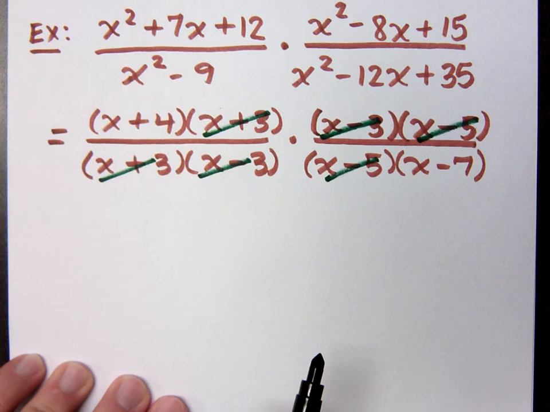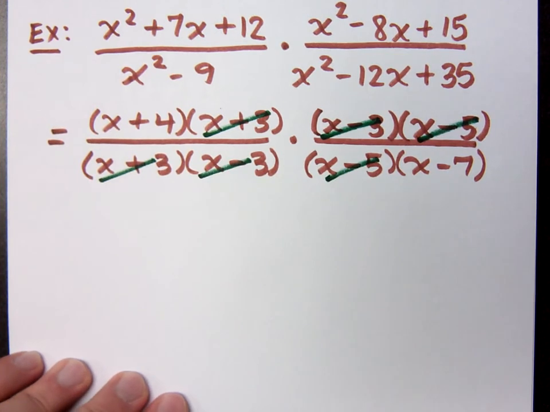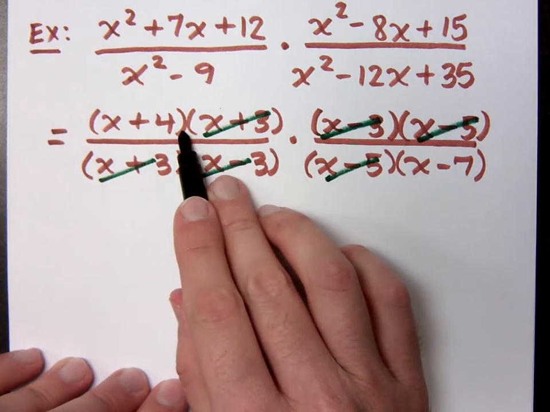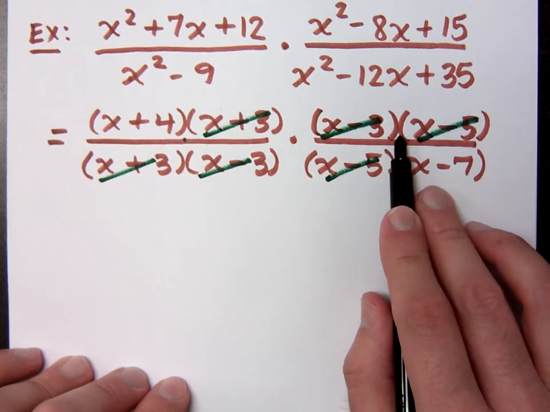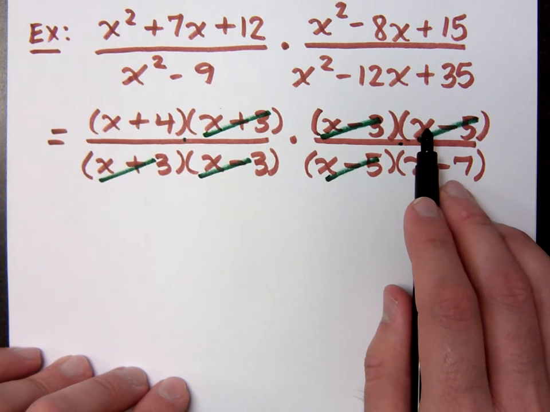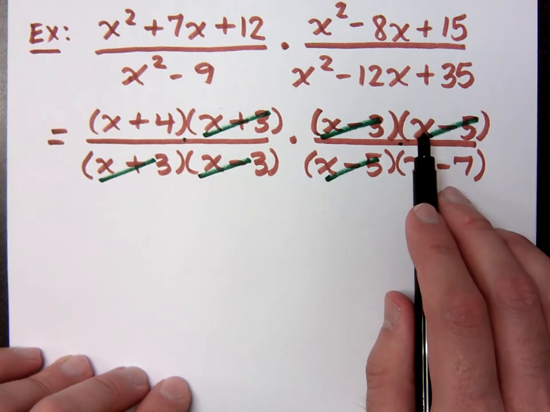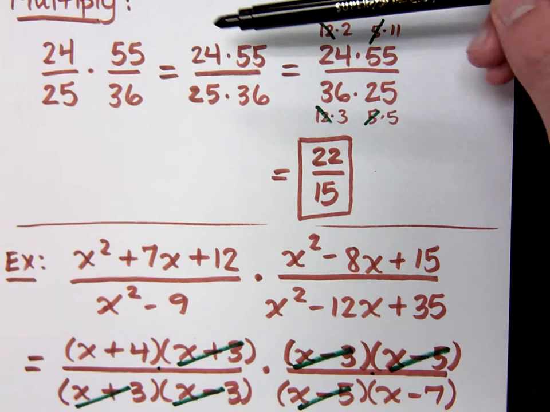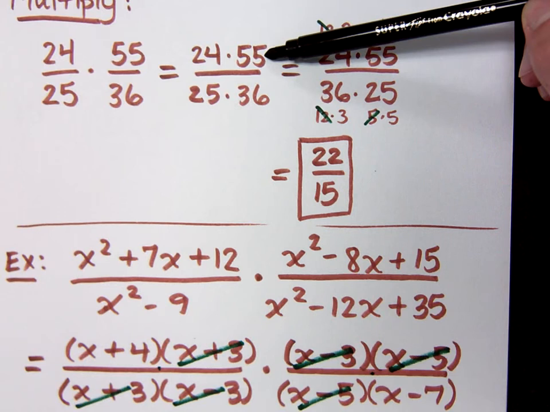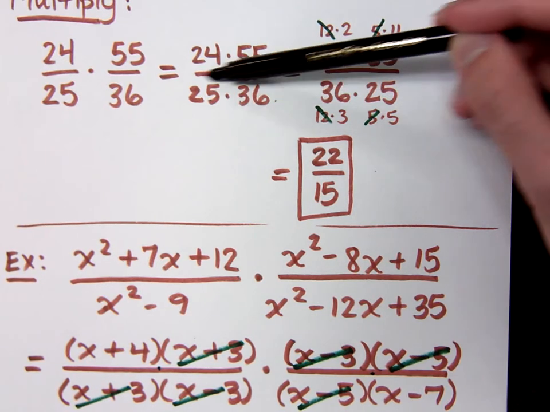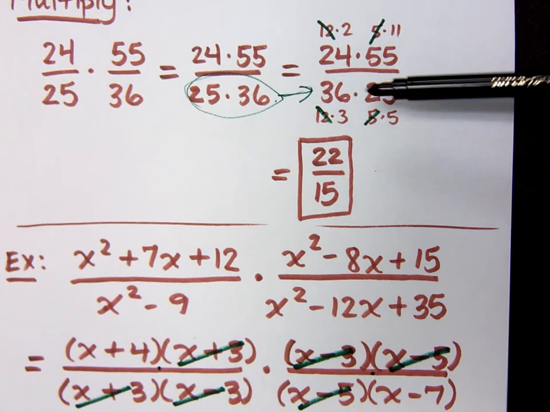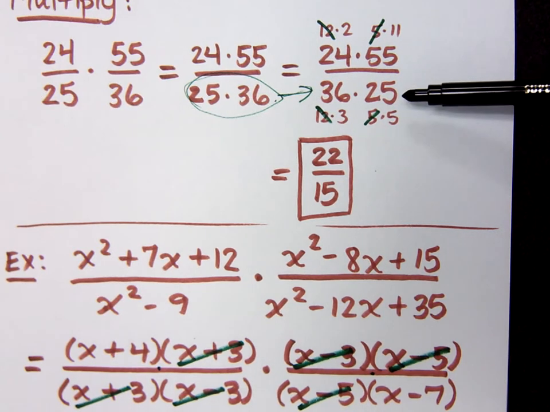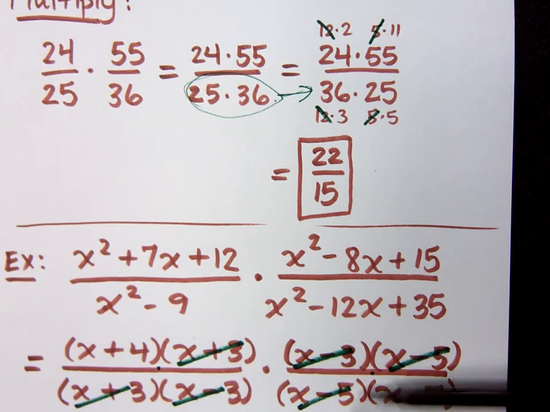We can do that? Why? What do you mean, why? This is multiplication. It's all connected. And as we just said, the great thing about multiplication is the order doesn't matter. Look at the last example that I did up here. I said 24 times 55 over 25 times 36, but then I rewrote this and said 36 times 25. Was that a problem? No. So I can rearrange this, but these guys are all connected.